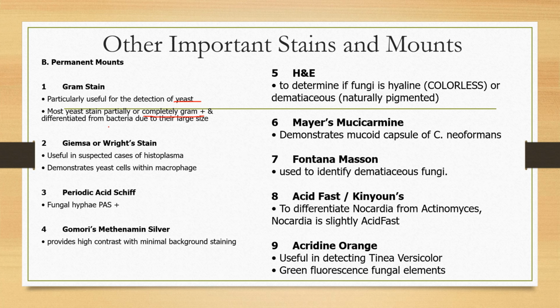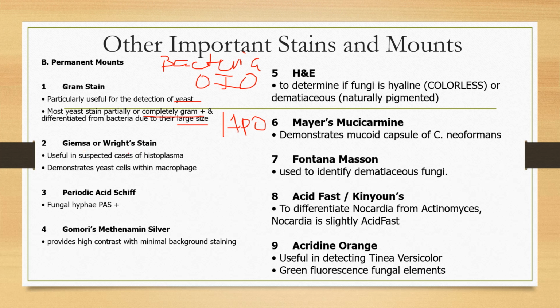And they are usually differentiated from bacteria due to their large size. So, di ba ang bacteria nyo, your bacteria can only be best viewed in oil immersion objective. But for yeast, molds, HPO, pwede na class. So they tend to be larger in size.